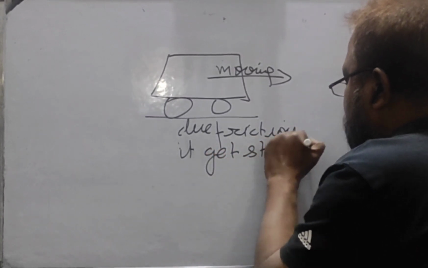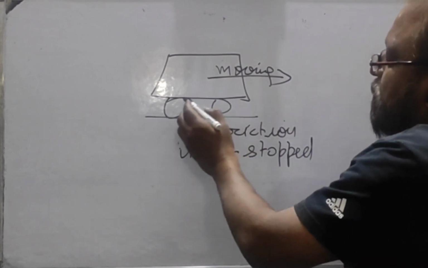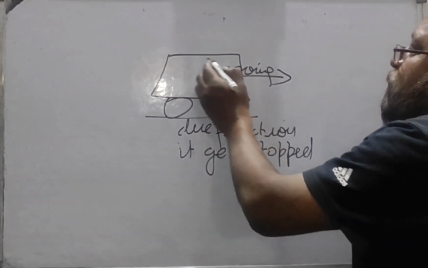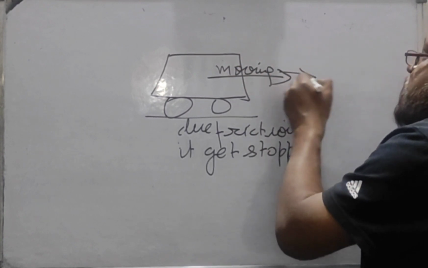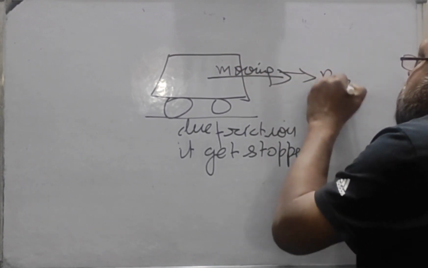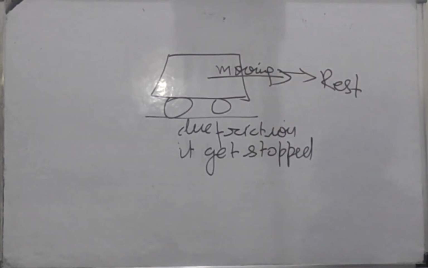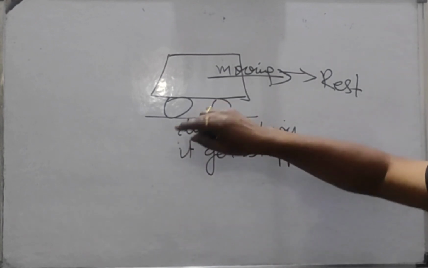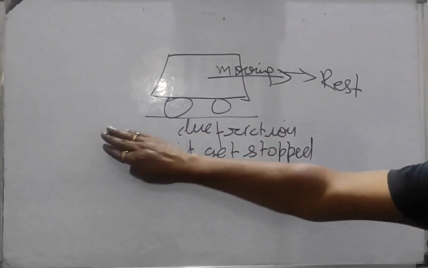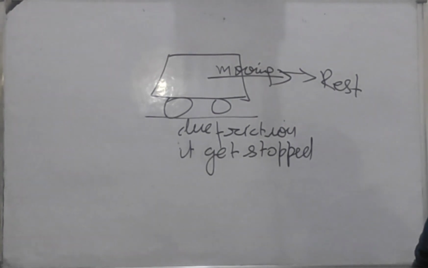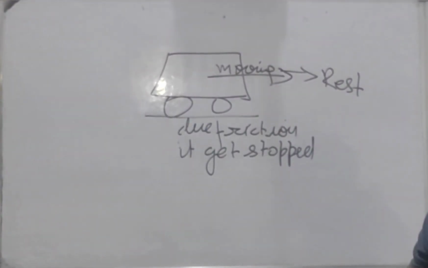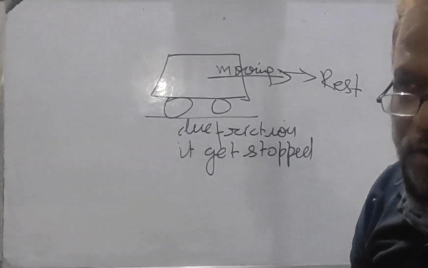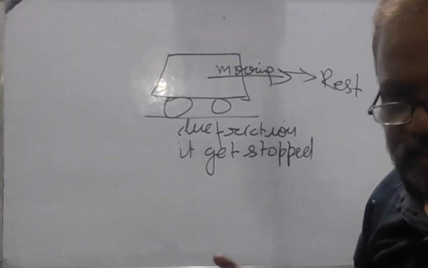But during motion, to come from the moving state to rest, it covers some distance. If you apply brake on a car, it does not stop immediately. Does it happen? Yes, sir. When you apply brakes, it immediately stops.